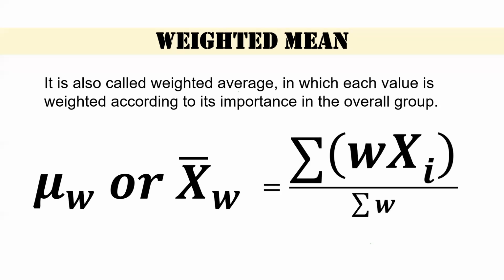And to do this, we will multiply each number with its weight. Then after multiplying each number with its weight, you will get the sum of all of these products and divide it by the total number of units or weight.